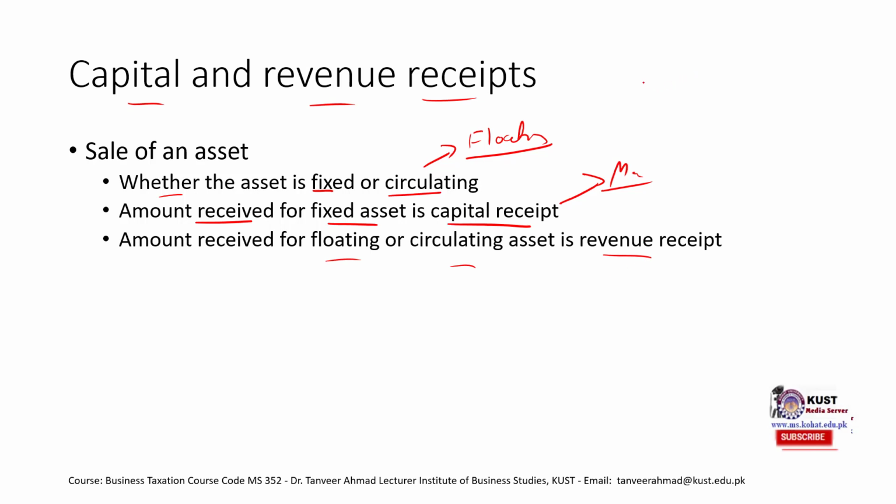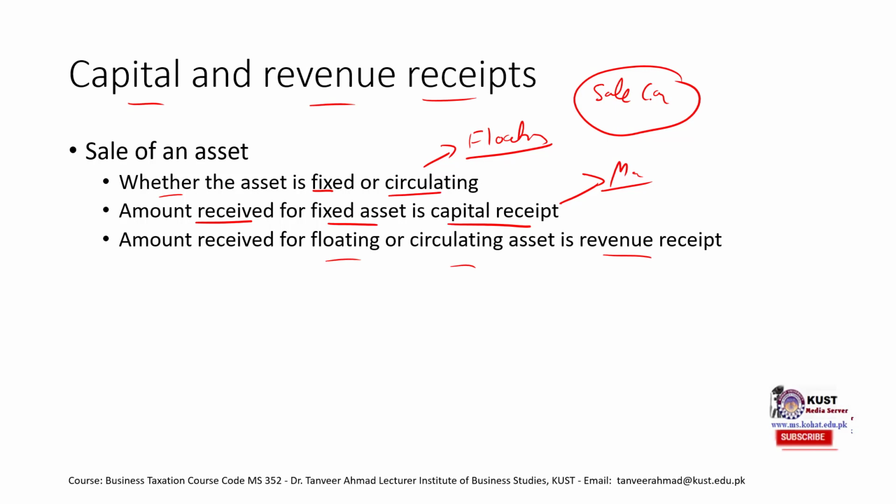So again, the example of a car: there is a car showroom that receives an amount from the sale of a car. They are selling a car, or let's just say a bus. Would this sale be called a fixed asset sale or a floating asset sale?